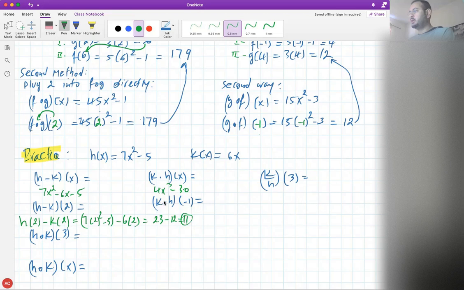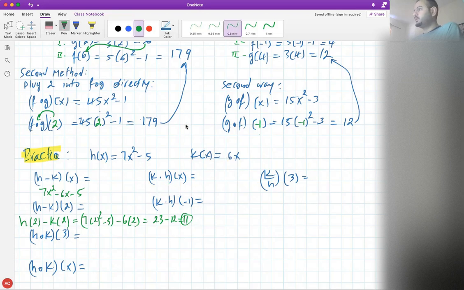What about k times h of negative 1? Excuse me, the previous one, the multiplication. It's 42x, right? 42, that's right. 7 times 6, 42. Let's just see.